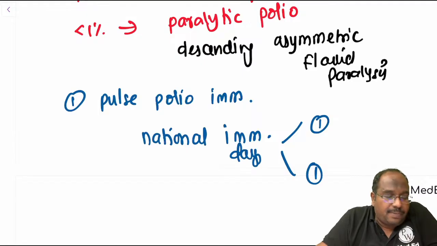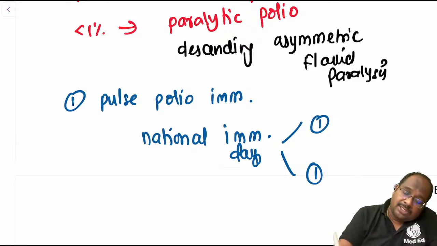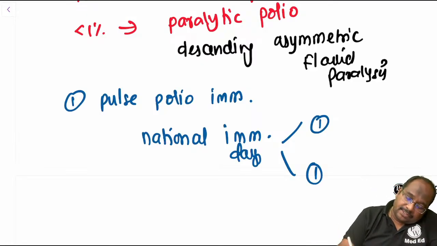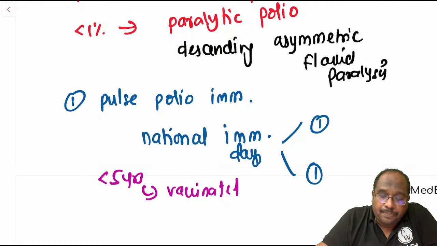On these days, we immunize all children less than 5 years. This is pulse polio immunization.